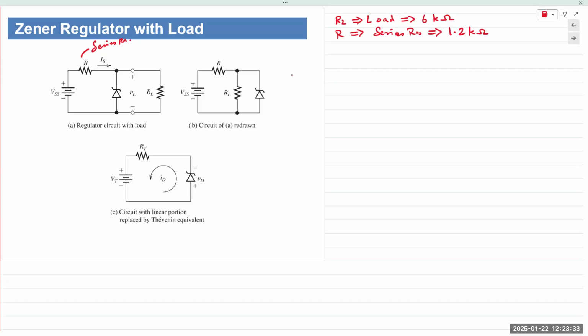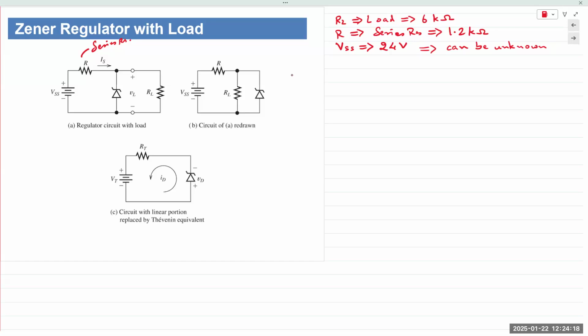VSS, the supply voltage, is something that can be given, or if it's a design problem, then we need to find the range for VSS. In this case, it's given to us as 24 volts. But it can be an unknown. Pointing this out because, again, there are multiple possibilities when it comes to a Zener regulator problem.